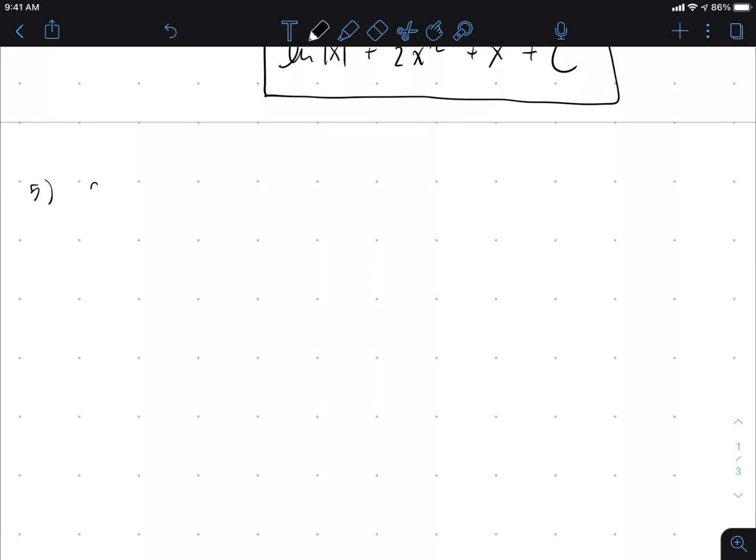So we have this problem. The integral of 2 plus tangent squared theta d theta. I can do the integral of 2. That's easy, right? But what's the integral of tangent squared?